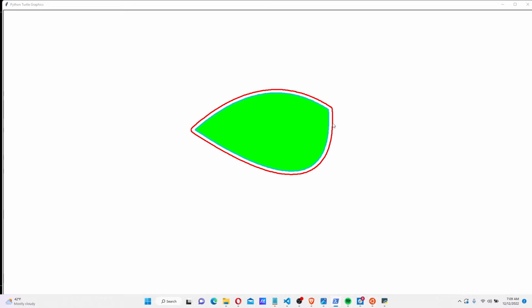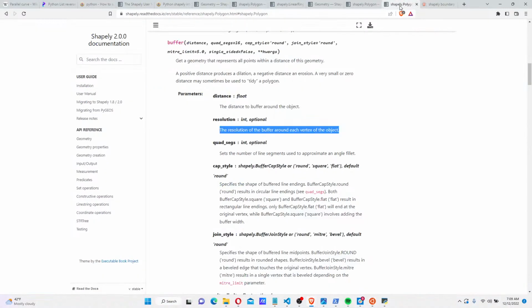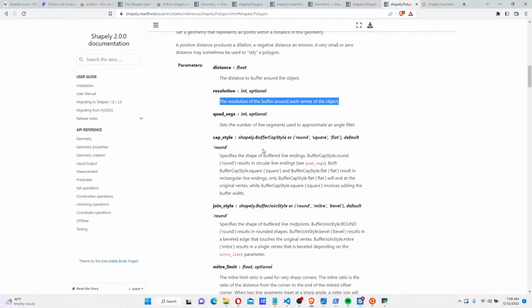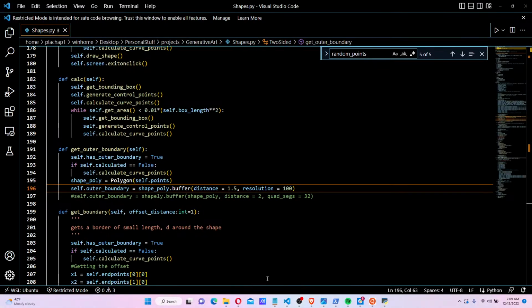Now, what if I don't want it to be rounded and I want it to come to a point? Okay, so then what if we do cap style is equal to square?